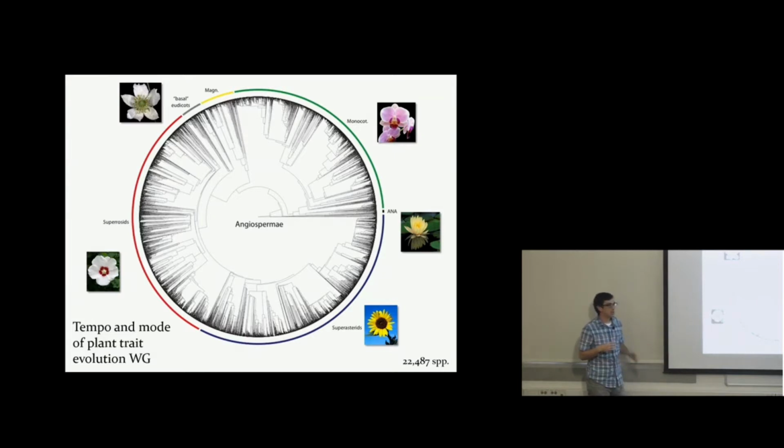The idea is to assemble a database of functional traits for all plants that have some sort of GenBank ID, so that we can match it up with a large tree. And in this particular case, we built a tree for 22,487 species of angiosperms. And we actually have character coding for woody and herbaceous for each one of the tips here.